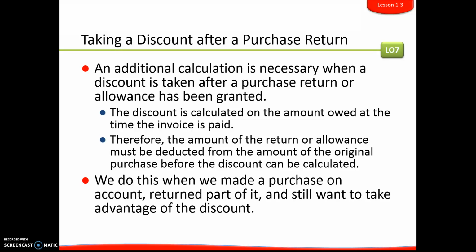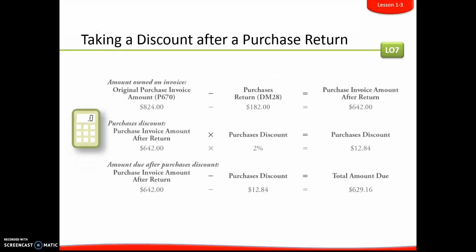So we'll go with 800, that's fine. So we only ended up with an amount that we owe them of $200. When we take a cash discount on that, it's only going to be on the $200 that we owe them. So we might have to do a little bit of calculation in order to get an accurate amount.